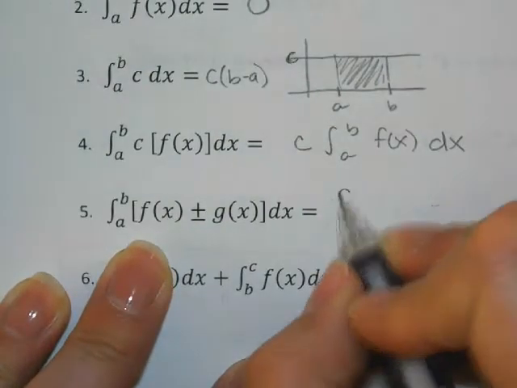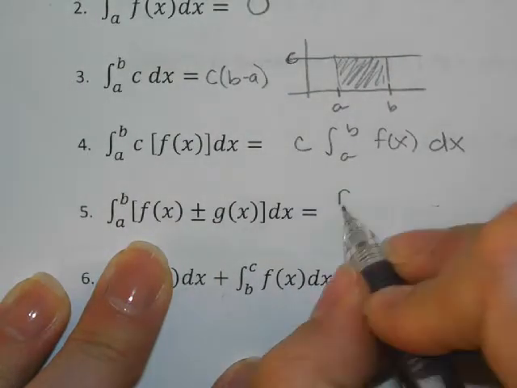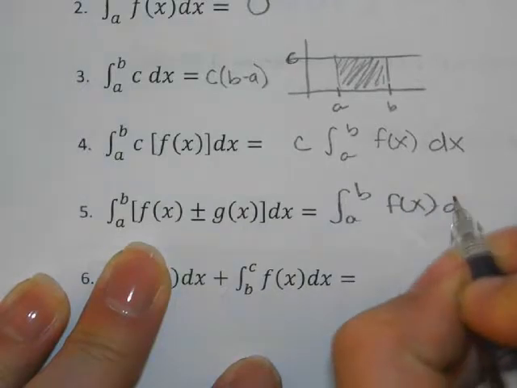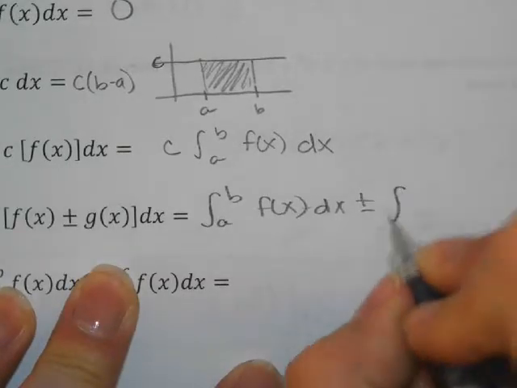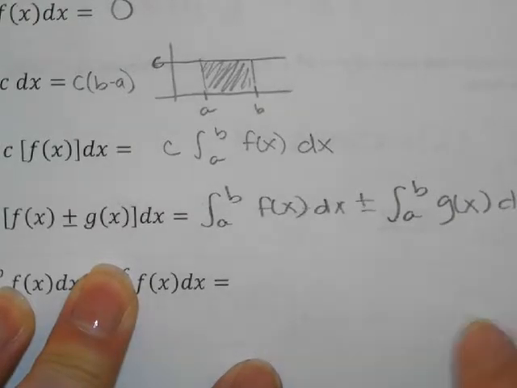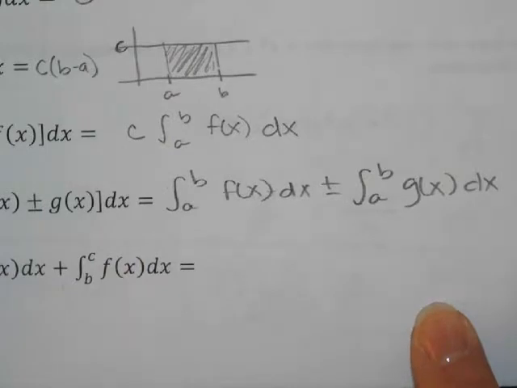So this is the integral from a to b of f of x dx plus or minus the integral from a to b of g of x dx. You could work with them separately and just add your answers together. Sometimes it makes sense to do that, sometimes you won't really care.